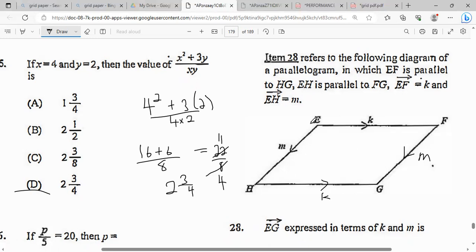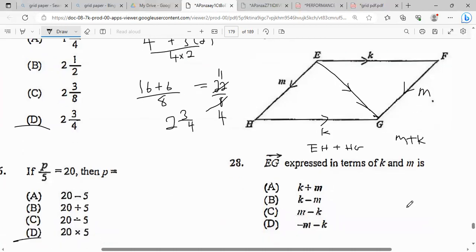All right, so they want us to go from E to G. Now remember, we can't go directly. So I'm going to go with M. I'm going to go E to H, and then H to G. The value of this is M, so EH is M, we're going with the arrow, so it's going to be M. And then we're going with the arrow again, so it's going to be plus K. So that should be M plus K. Let's see the options.